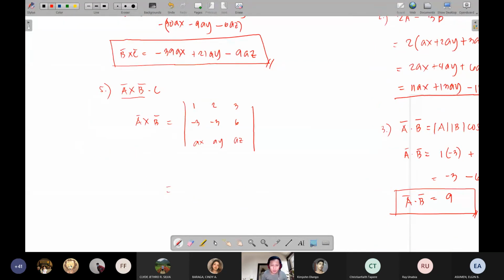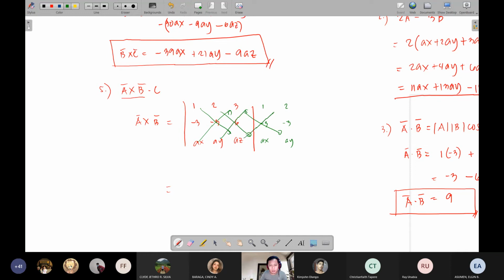So I will rewrite the first two columns: 1, negative 3ax, then 2, negative 3ay. Then solve for the determinant.